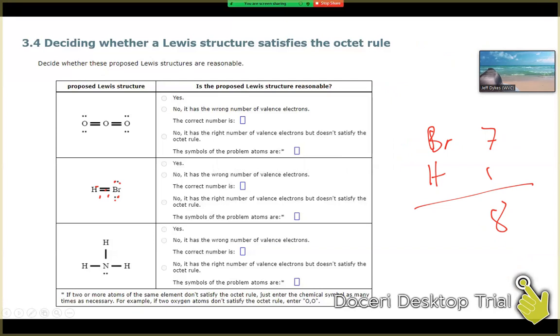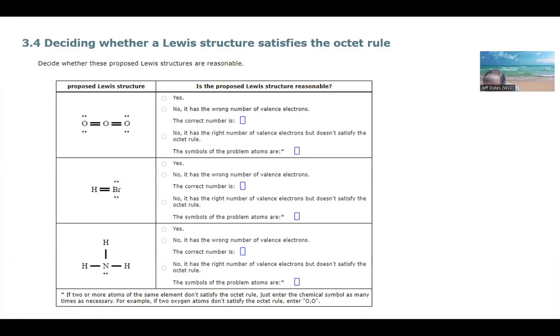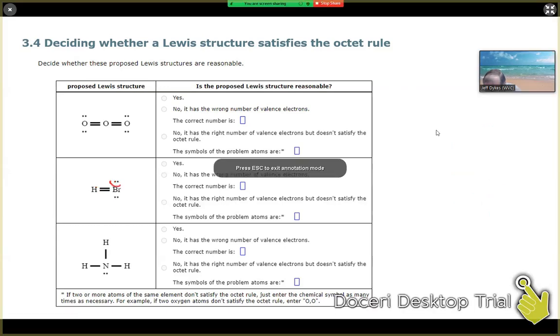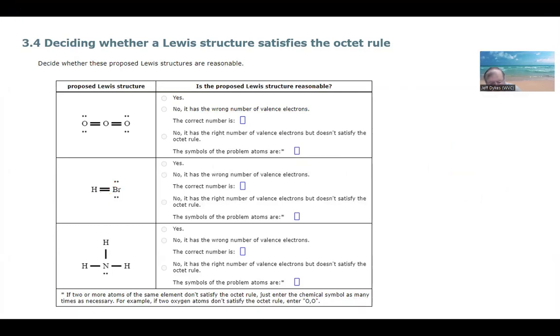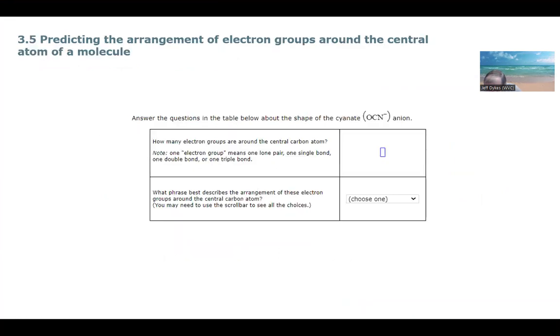So the electron count is correct, but it's not put together properly. It doesn't satisfy the octet rule, because bromine has to have 8, and it does, 1, 2, 3, 4, 5, 6, 7, 8. But hydrogen can only have 2 valence electrons.